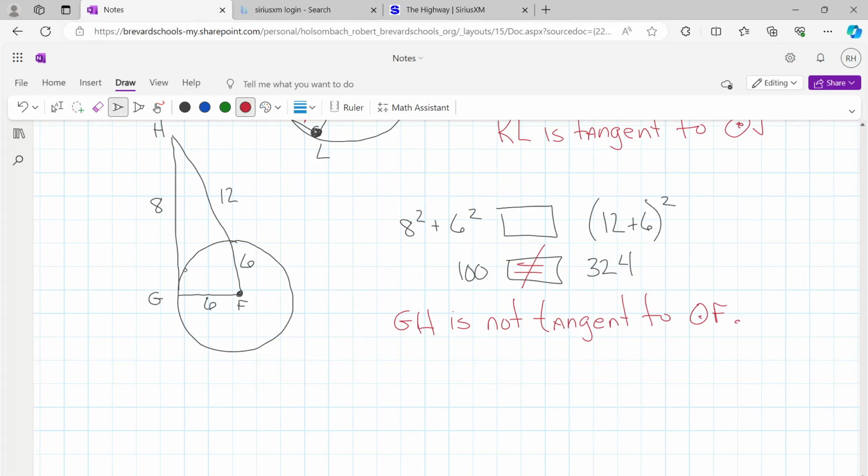So this angle right down here is not 90 degrees. And if that angle's not 90 degrees, then GH is not a tangent.